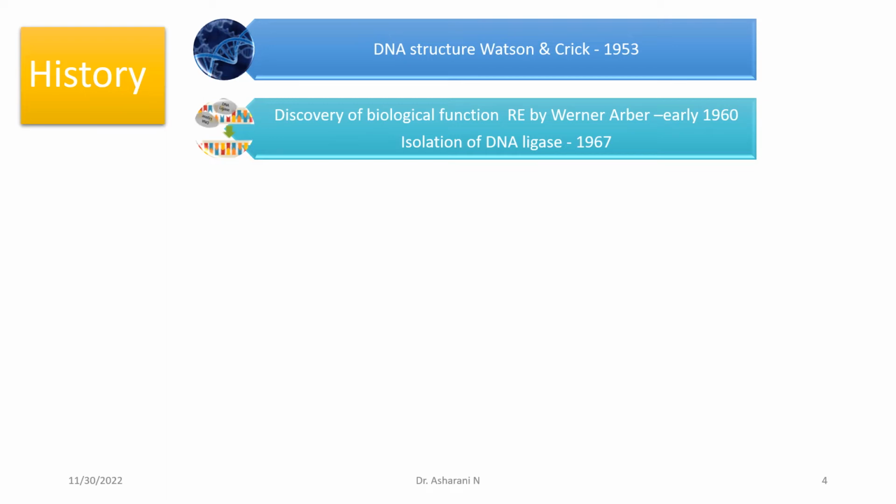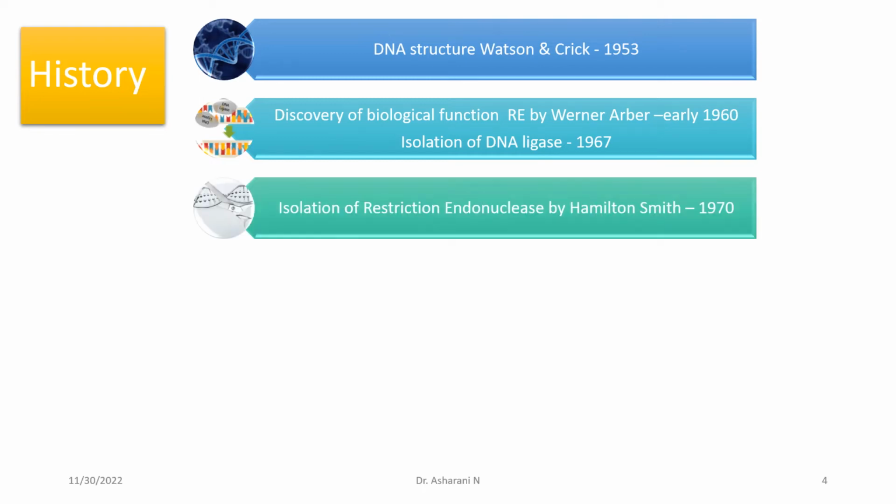Followed by this, in 1967, DNA ligase was isolated. These are the two important enzymes we will be dealing with when we discuss rDNA technology: restriction endonuclease and DNA ligases.